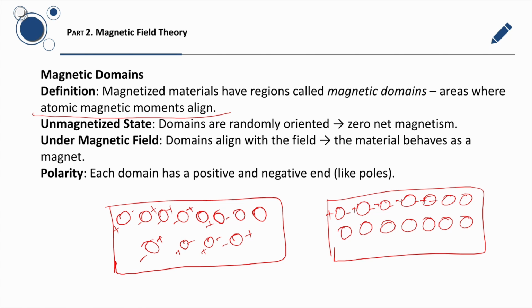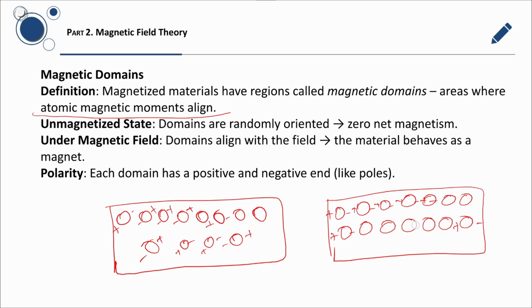A magnetic domain is like a miniature magnet. Each one of these little domains has its own positive and negative ends, just like tiny poles. This concept is key for magnetic testing because flux leakage and particle attraction depend on how domains align with applied magnetism.